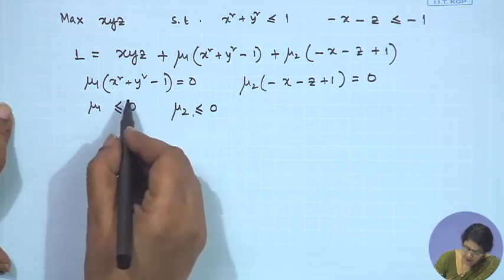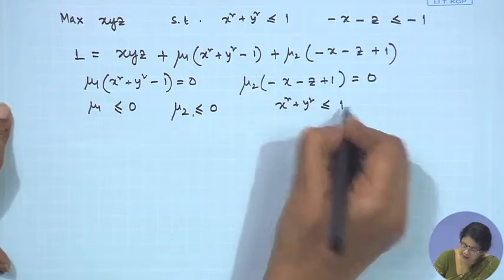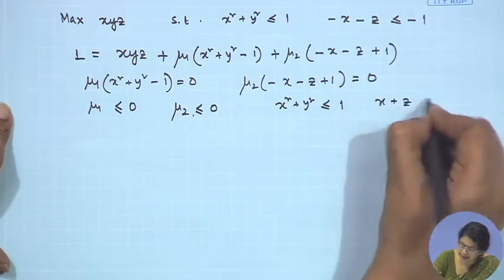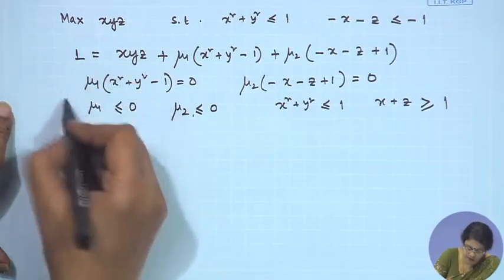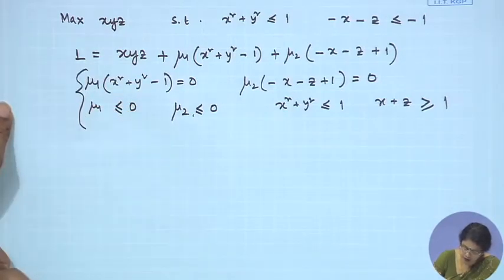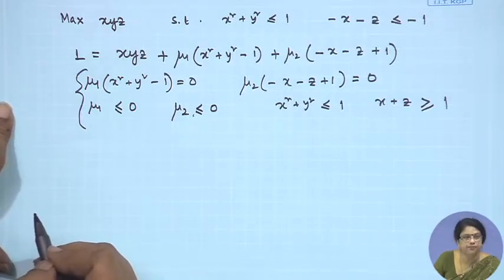Okay. What else we can have? We can have x square plus y square less than or equal to 1 and x plus z greater than or equal to 1. These are all the KKT conditions for us. Anything else I left? No, it is okay.